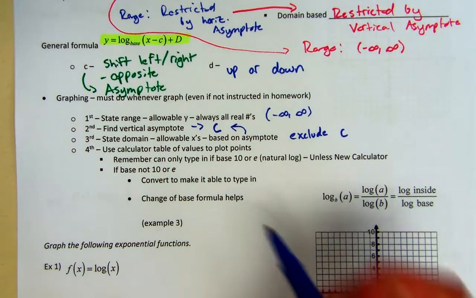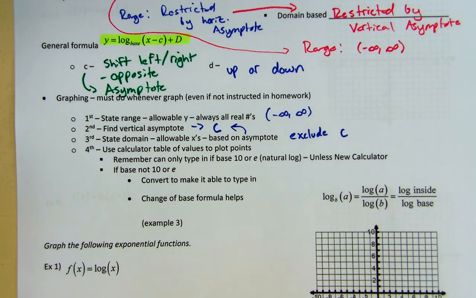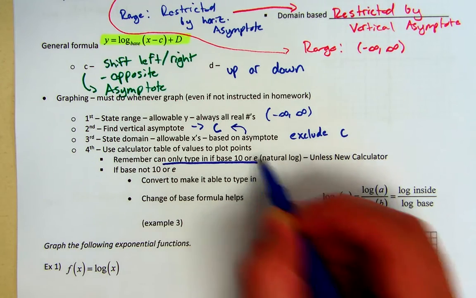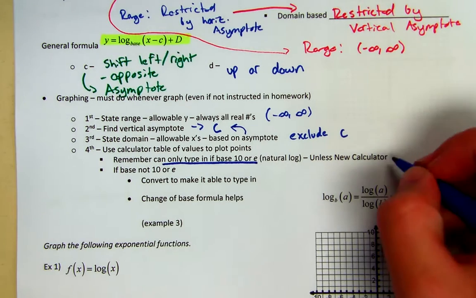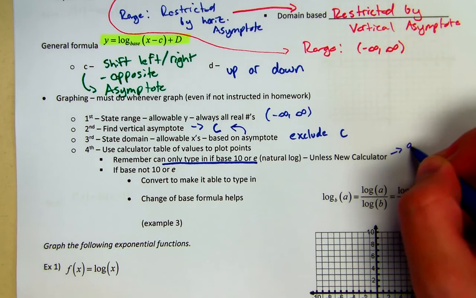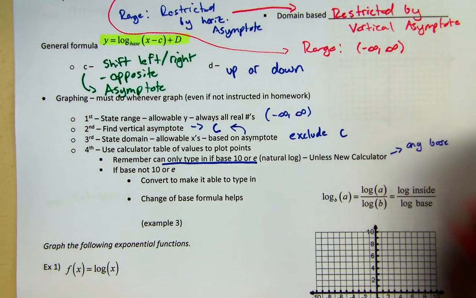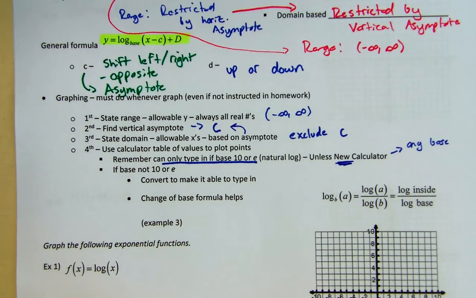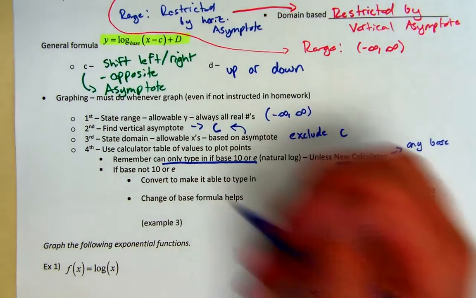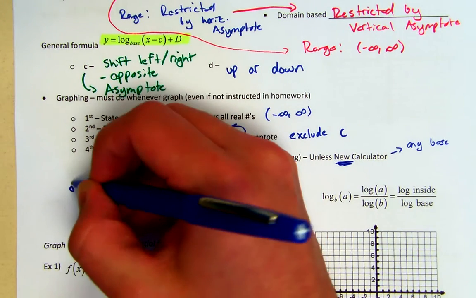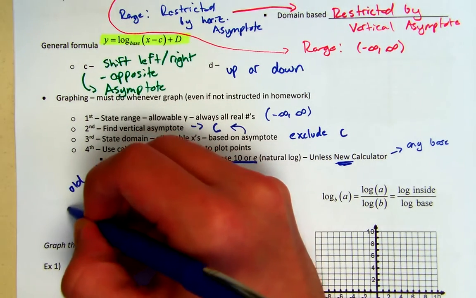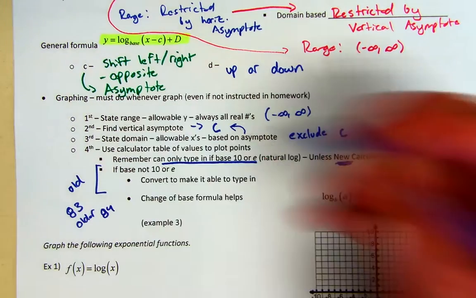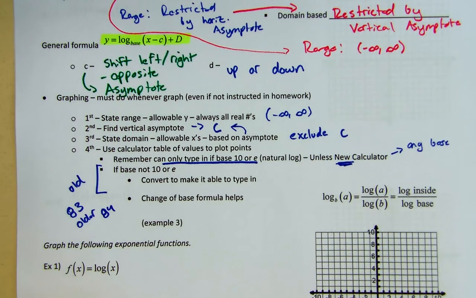Again, we're going to use our calculator to come up with a table. The only thing that's kind of tricky is we can only type in base 10 or e, unless you have a new calculator, like an 84 color, which has any-base log. If you have an old calculator, an 83 or older 84, you're going to use the change of base formula.